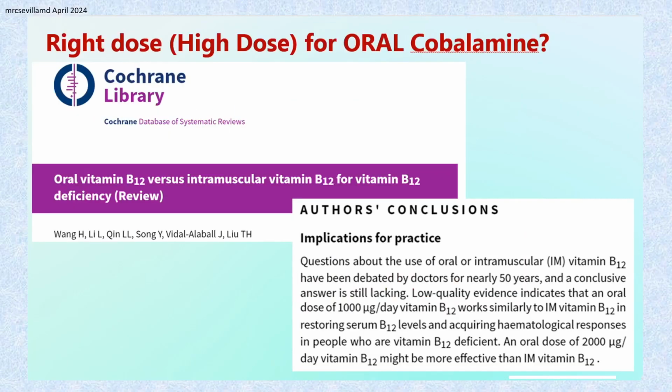In fact, oral doses of 2,000 micrograms per day have been suggested to be equivalent or better than intramuscular B12 in the restoration of serum B12 levels and reversal of hematologic abnormalities among patients with documented vitamin B12 deficiency.